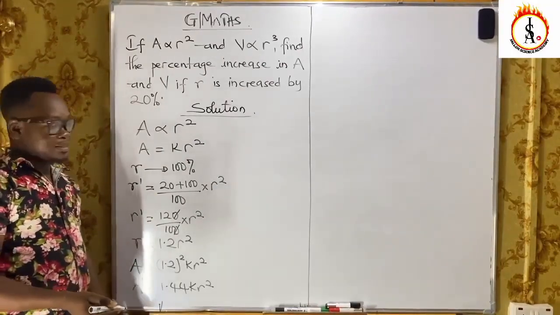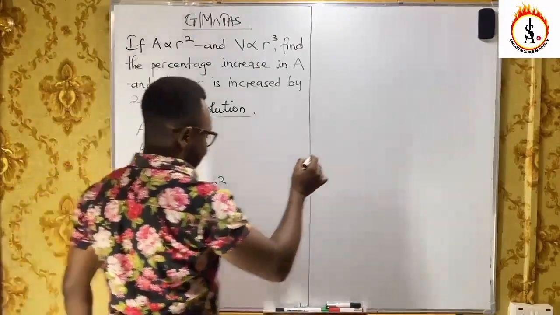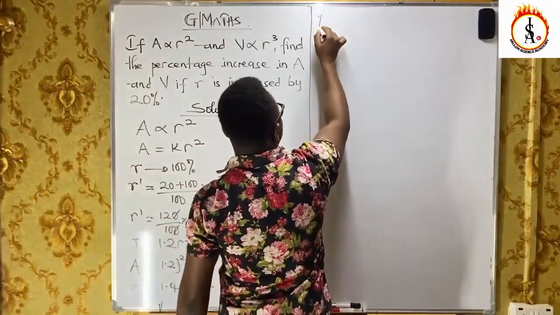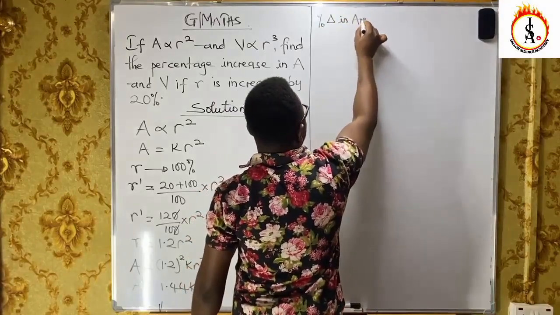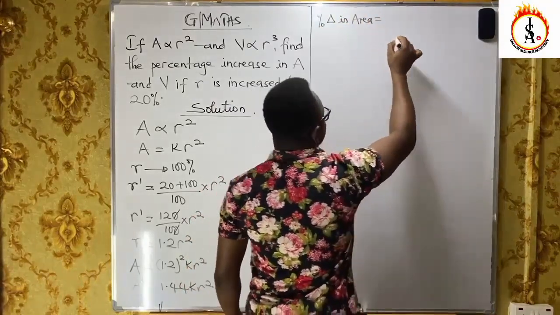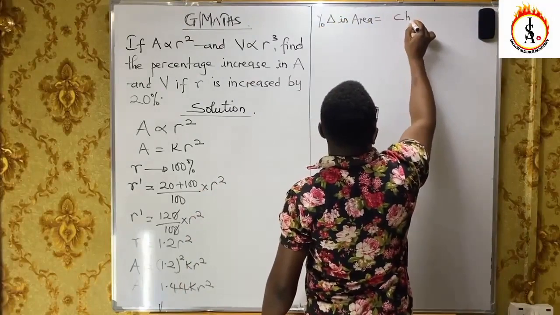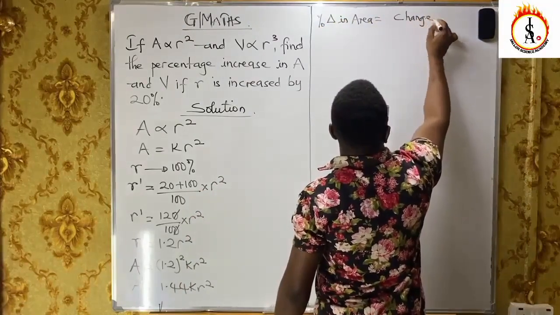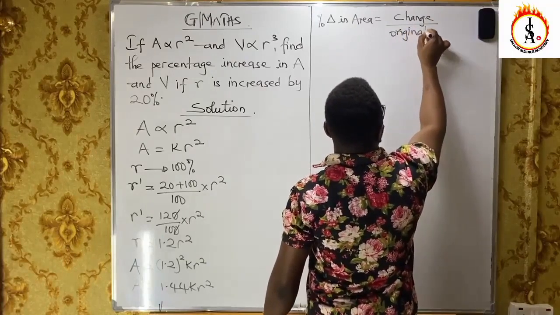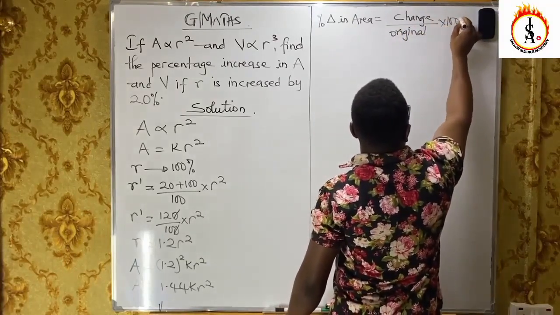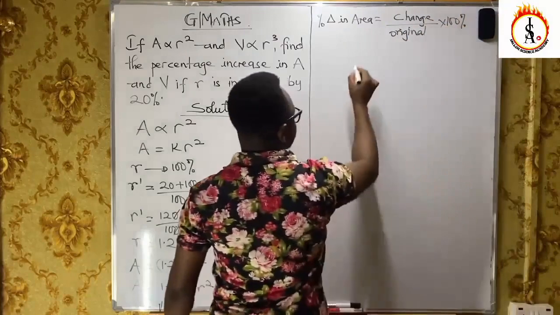So for us to know the percentage change in area, of course, it is going to be the change over the original multiplied by 100%.